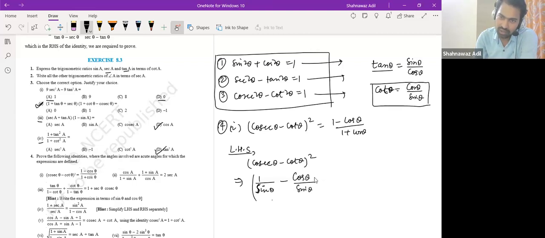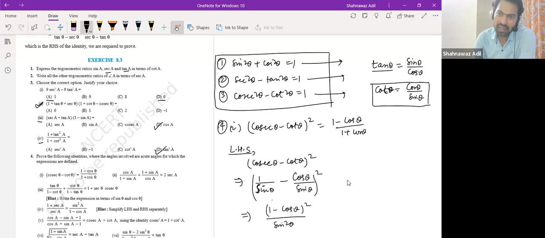Okay, so this is cos theta by sine theta. I guess we need not solve this one further. So this is 1 minus cos theta whole square, and this is sine square theta. Okay, so in the right hand side, the functions are in the form of what?